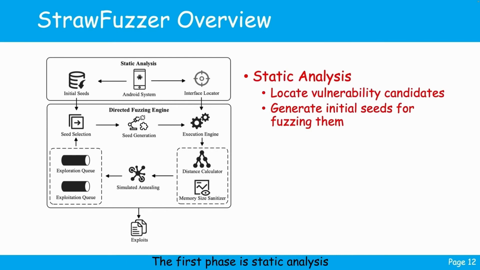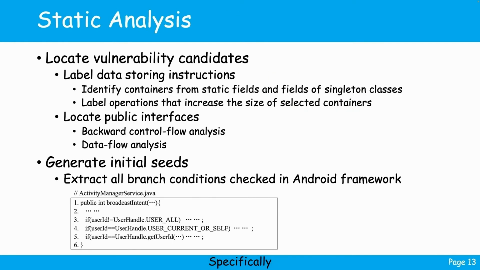The first phase is static analysis, aimed to locate vulnerability candidates and generate initial seeds for fuzzing them. Specifically, we identify containers from static fields and fields of singleton classes, which are thought to have a long life cycle, and we label operations that increase the size of selected containers as targeted data storing instructions.